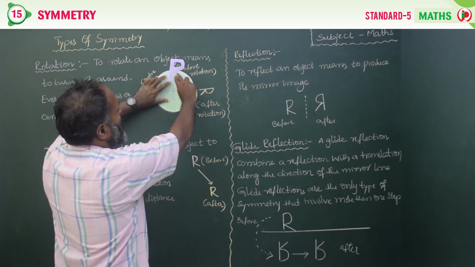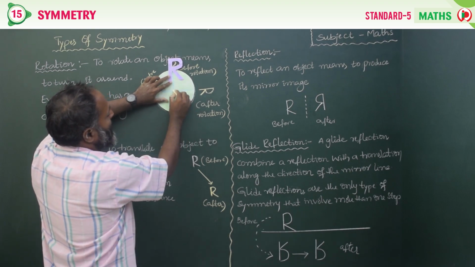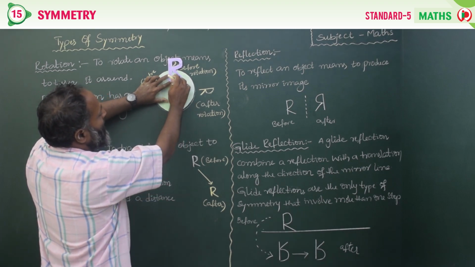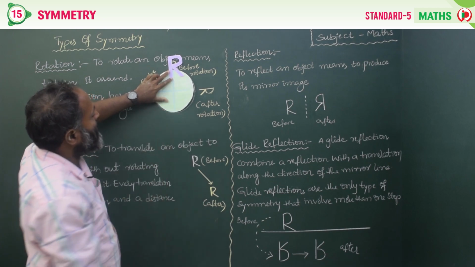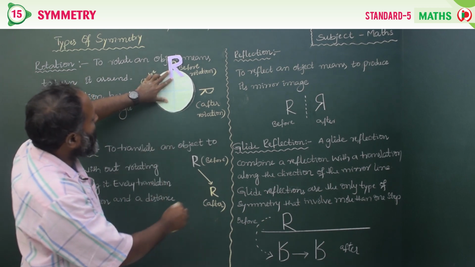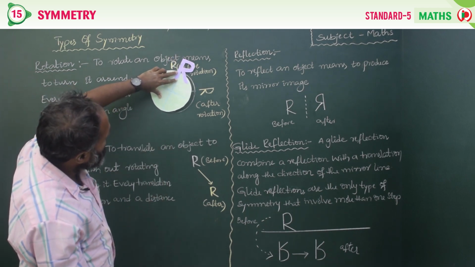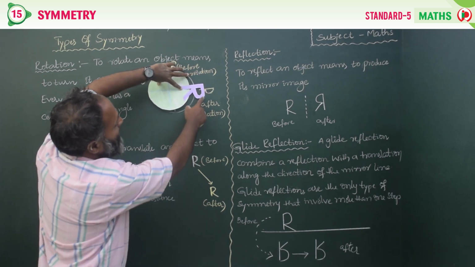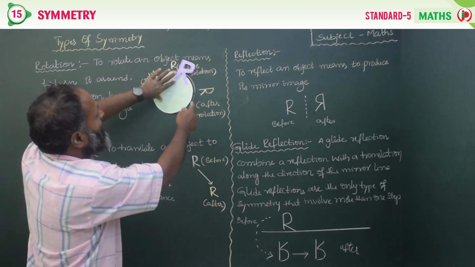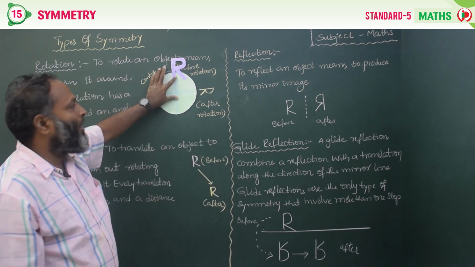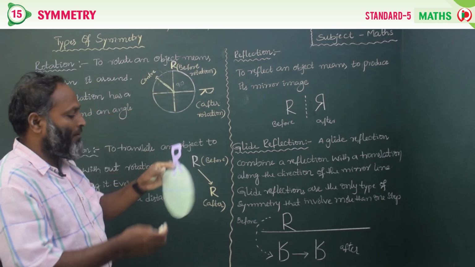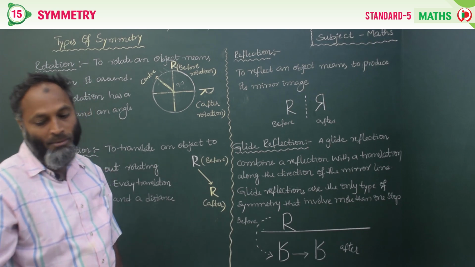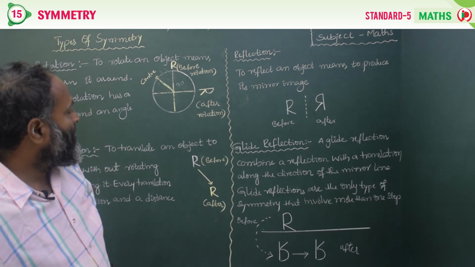This is the center of the circle, and this is the R. If you rotate an angle of 90 degrees, the R will change like this. This is after rotation, and this is before rotation. So this is how the shape changes after and before rotation. This is about rotation.